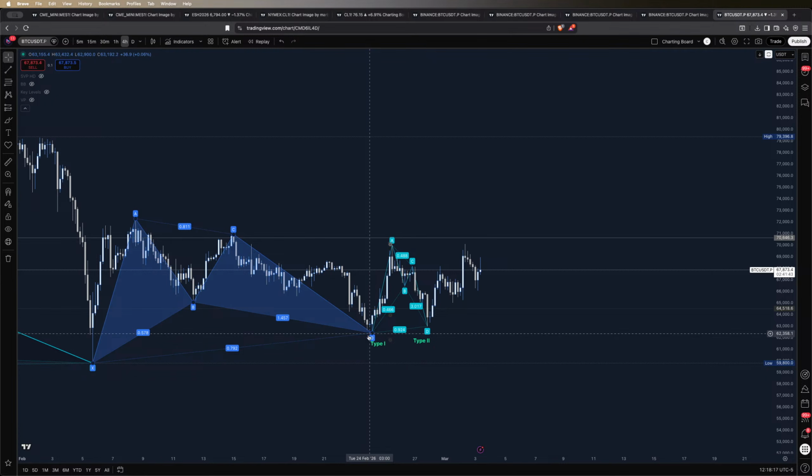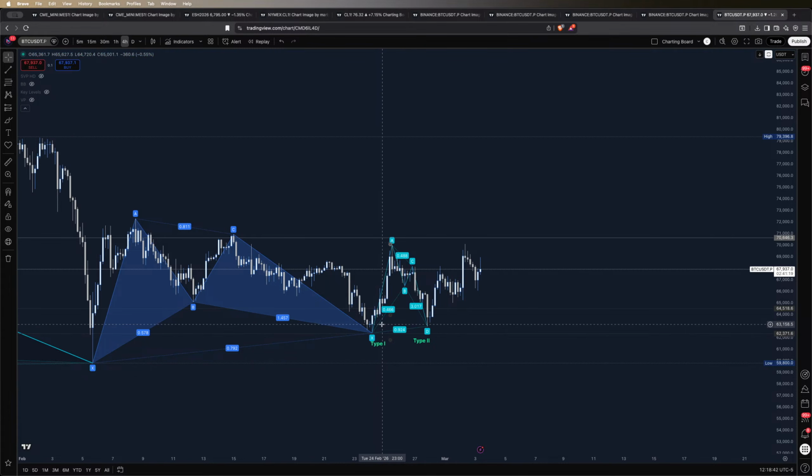We got the reactive move of the bullish Gartley at 62,400. If you guys revisit our previous stream, that was a key level to sustain. In the same manner, the 65,000 region remains as a key level of support for Bitcoin. As of now, prices are fighting between 68,000 and 67,000.